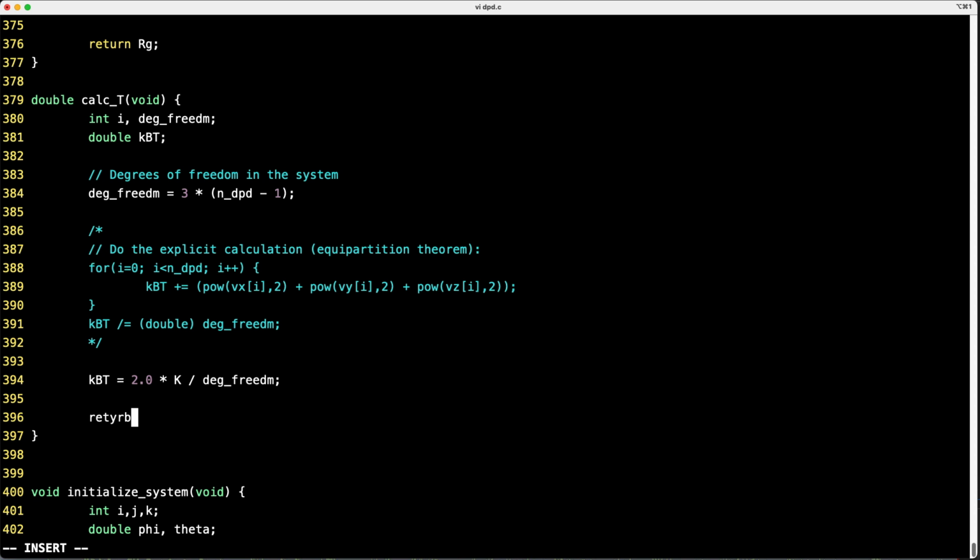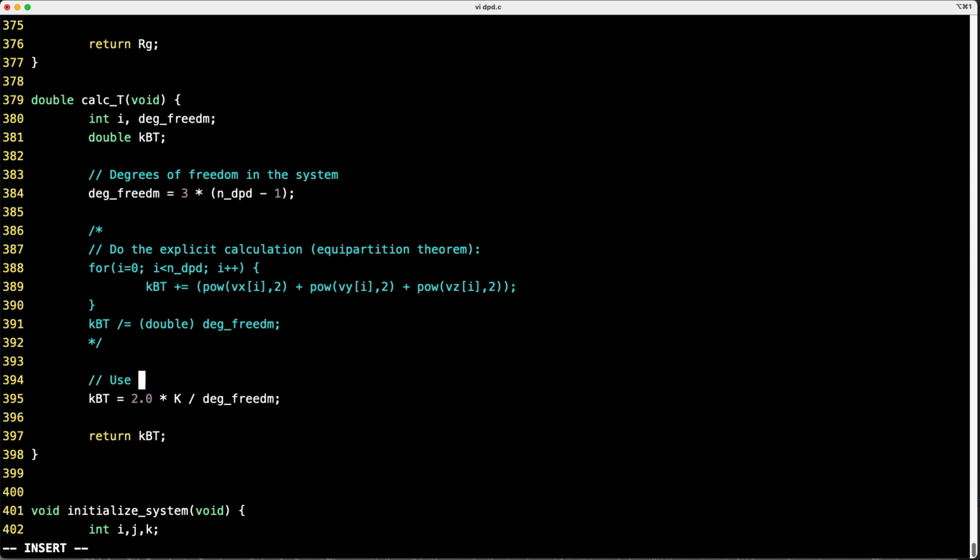And then we could return. Because at each time step, we are calculating the kinetic energy K, and that variable is shared. So there's no sense in doing this loop through what could be millions of particles when we already have that value calculated. So why do it? So let's say use the kinetic energy calculated in velocity.